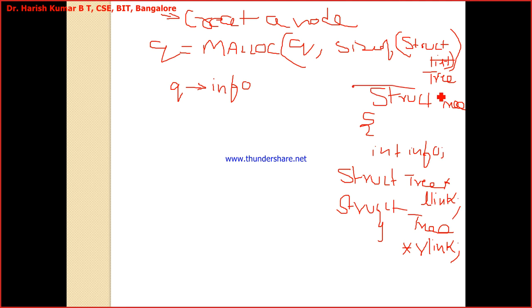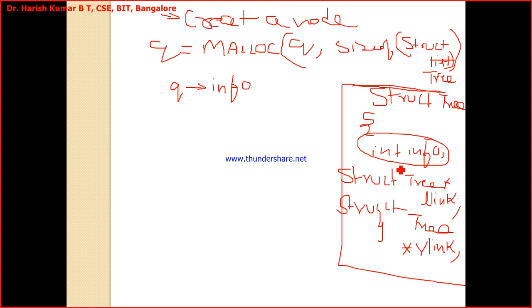So this is how the structure looks like. Okay, people understood? Yes, sir. So one is the integer info field and two link fields. This is the integer info field, and this is the self-referential pointer which points to itself: struct tree star left link, and this is star right link. This is how the structure looks like.